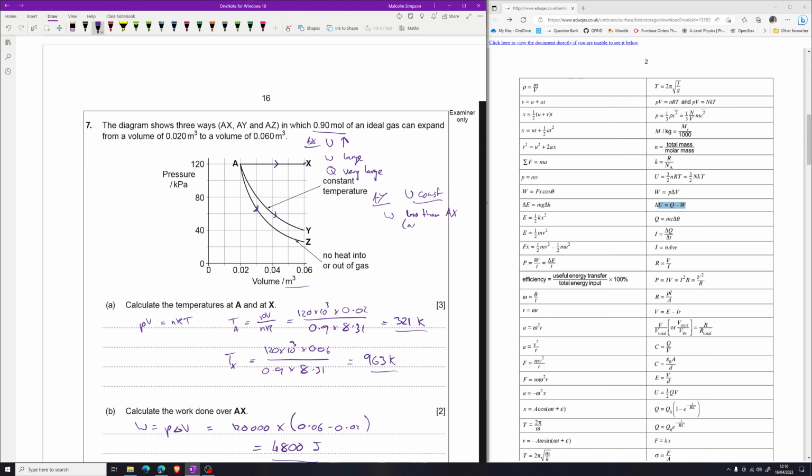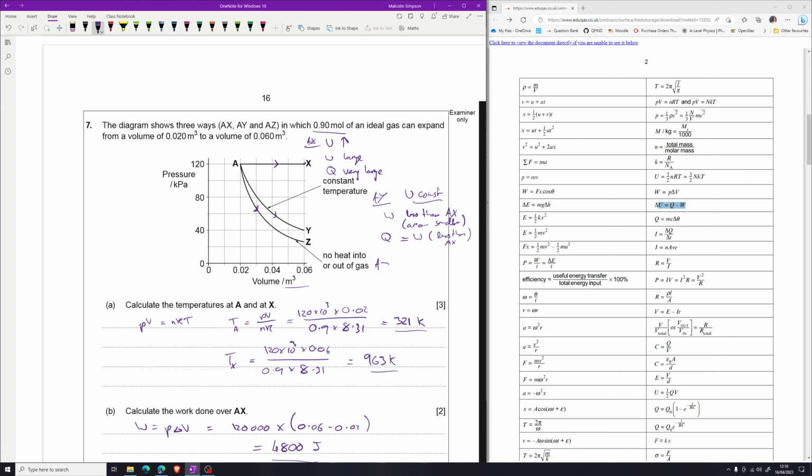And Q is therefore equal to the work done and is less than AX. In the case of AX, it was larger than the work done.